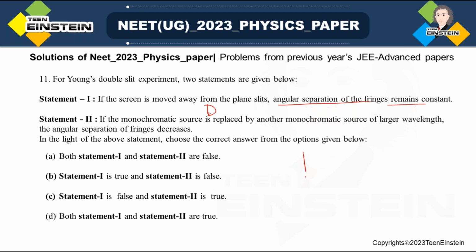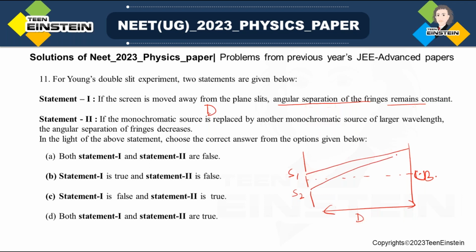See, generally slits will be like this. Slit 1, slit 2, double slit, and the screen will be there. This distance is called capital D, and here will be the central bright fringe, CB, and then one by one bright and dark fringes will appear on the screen. And this angle is theta.